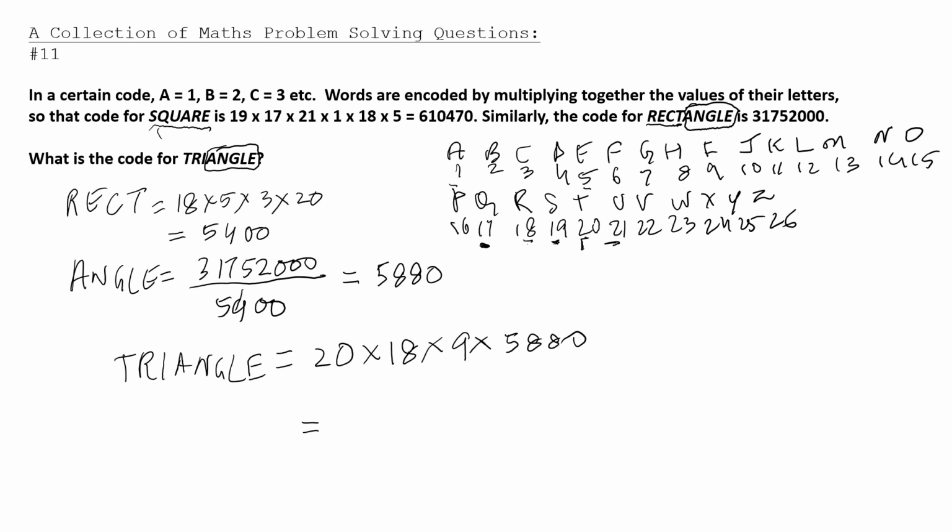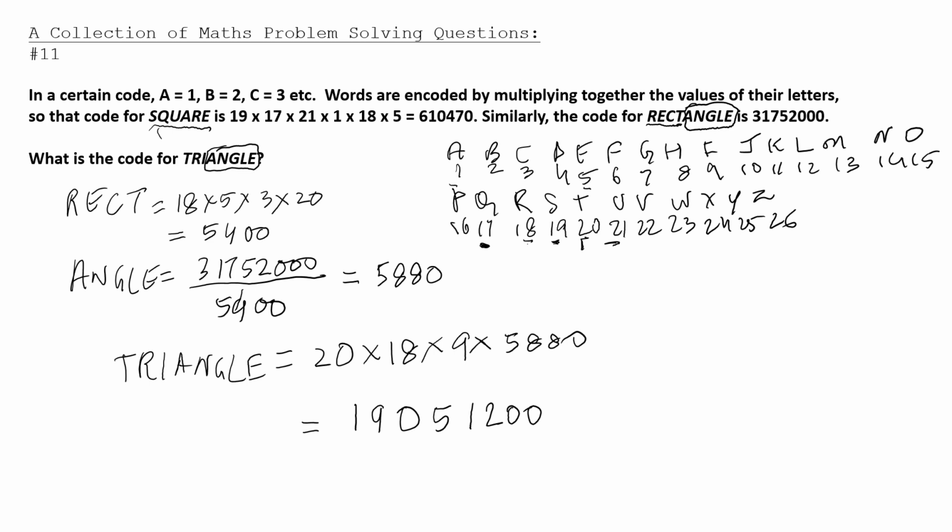Yeah, and so I can work it out as 300. Yeah, so that gives me 19,051,200.